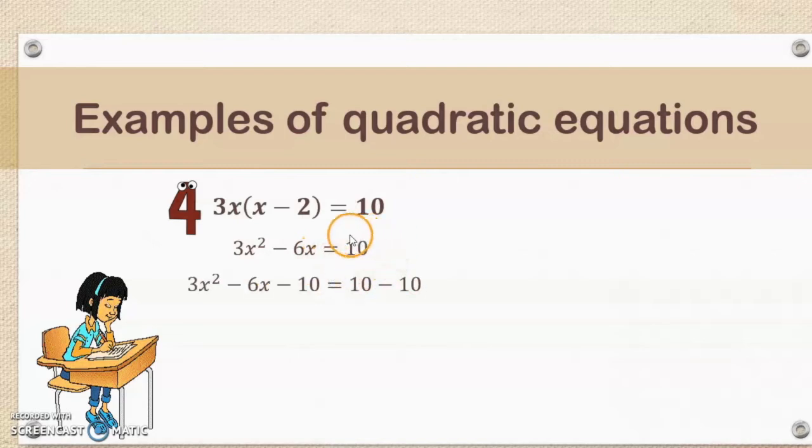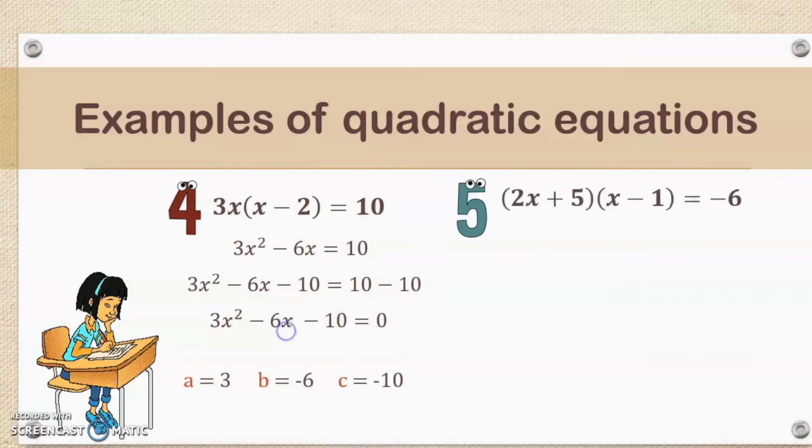And in standard form, the right side of the equation is always equal to 0. So to make it equal to 0, we have to add negative 10 on both sides of the equation. So, naka-standard na siya. The equation now is 3x squared minus 6x minus 10 is equal to 0. So, we can identify na the value of a, which is 3, b is negative 6, and c is negative 10.